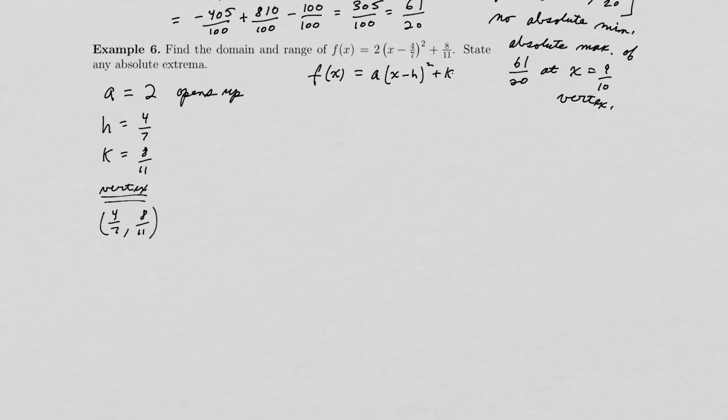So we know it's going to look something like this, right? If that's the vertex, so 4/7, comma 8/11, somewhere in here, let's say.